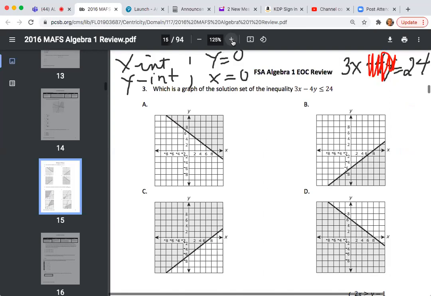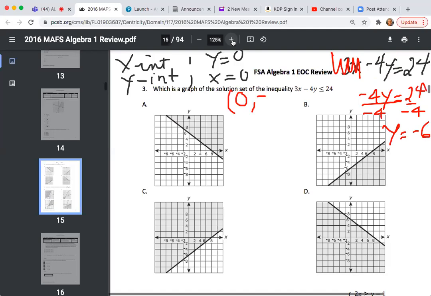So if we plug in 0 for x, this term cancels out completely, and we are left with negative 4y equals 24. Then we divide both sides by negative 4. Pay attention, guys. So we get y equals negative 6. In other words, this graph is going to intersect the y-axis at 0, negative 6.